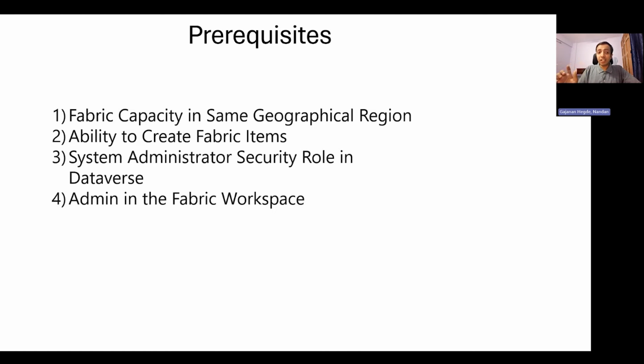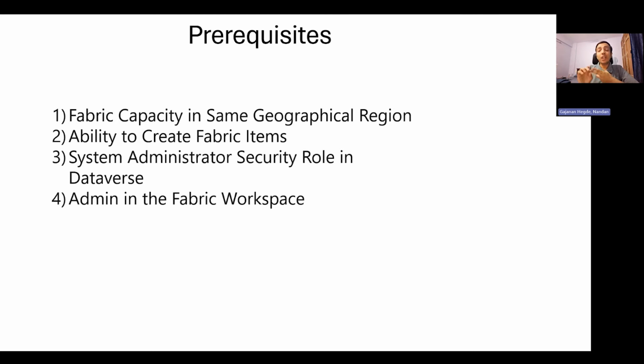When I say geographical region, it does not mean the exact region, but the geographical region, meaning Southeast Asia and East Asia are part of the Asia geographical region. So both the Fabric capacity and the Dataverse region should be in the same geographical region, which we'll see in a couple of minutes.